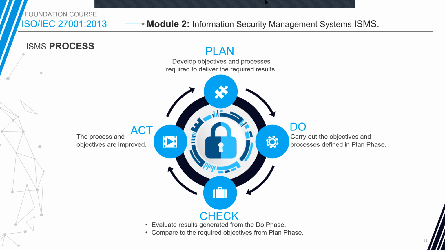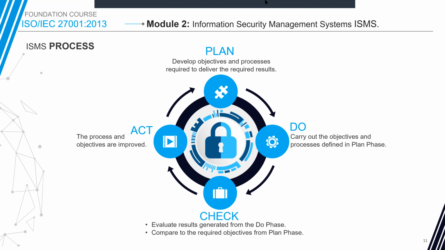After you complete the implementation in the do phase, you have to check what you did. Is it matching your required results? Is it matching your objectives? If it's matching your objectives, great, you achieved what is required from you. But if it's not, then you have to make some improvement.